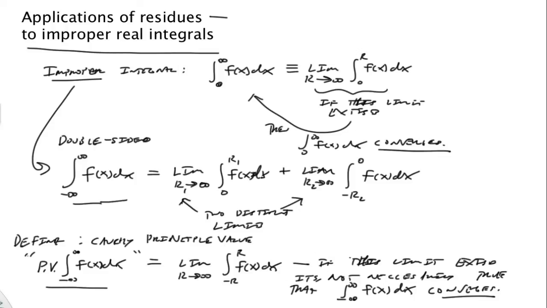So let me give you an example of that really quick. We take f of x to be equal to x, which is definitely an odd function.